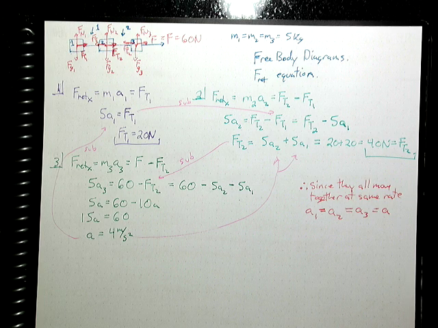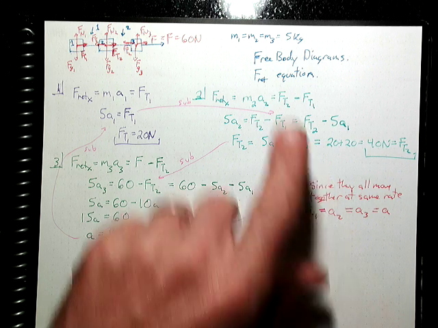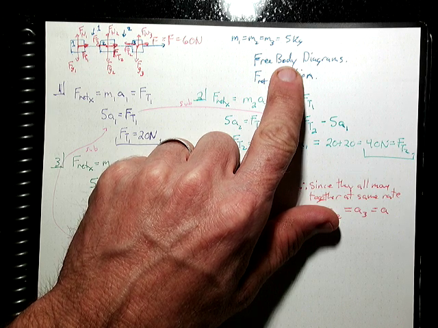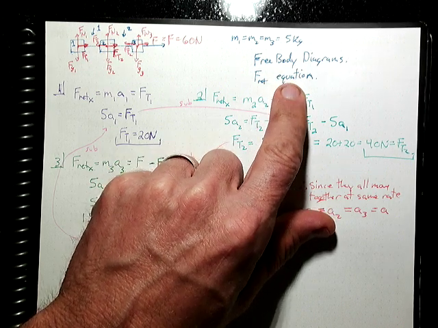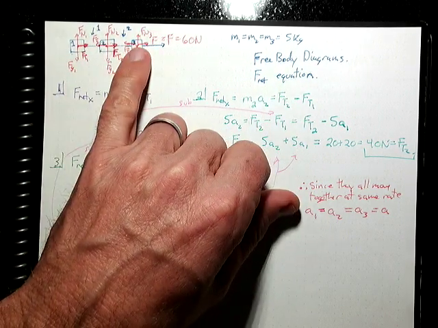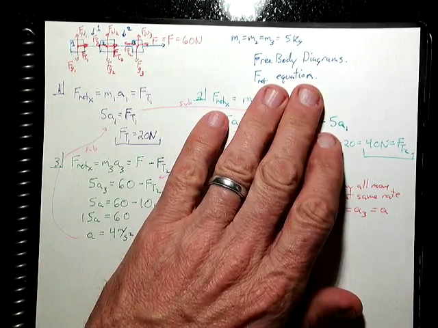Okay, everybody? Please, this week, next week, in the weeks to come, those F-net equations are very important. If you can draw a free body diagram, you can then correctly set up an F-net equation based on that free body diagram. What you do is take the forces in a given direction and put them into the F-net.